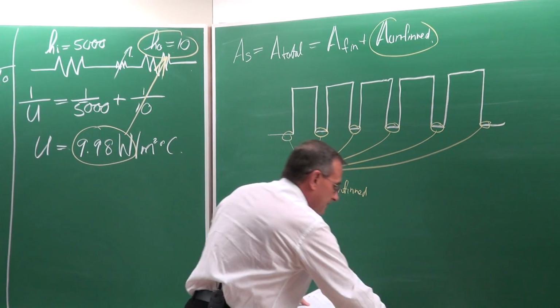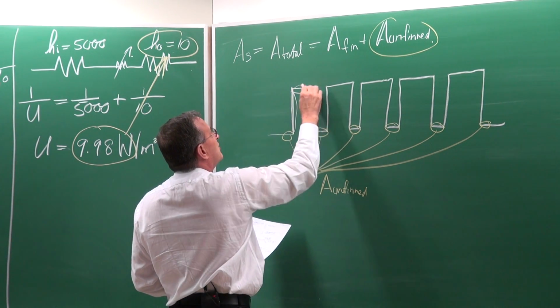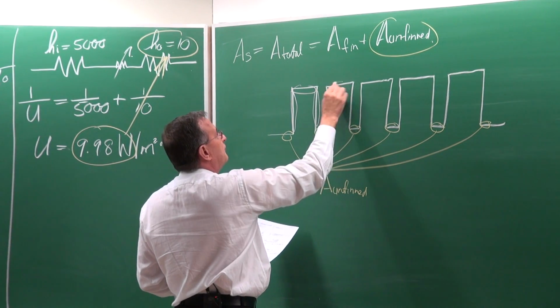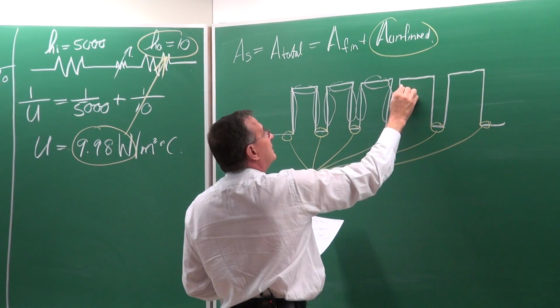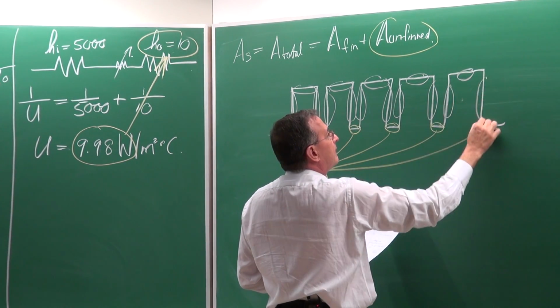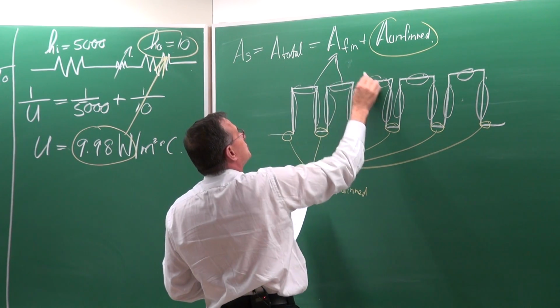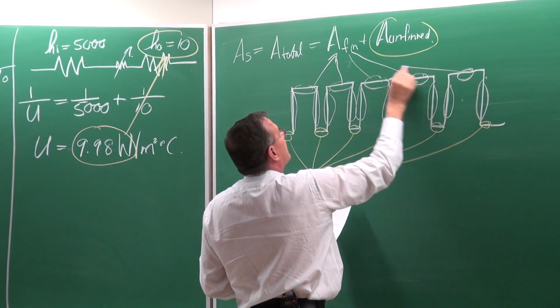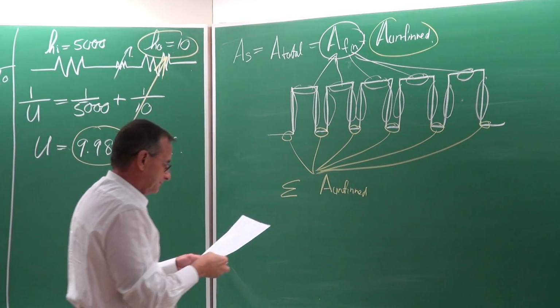Okay. Then the finned area would be the area of the fins. So all that area is there. Of course, you would sum them, and they are known as the finned area.